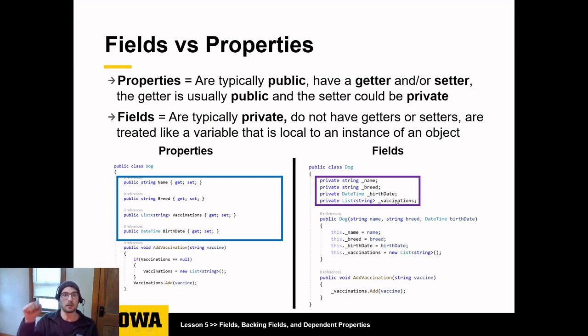Fields, on the other hand, are typically always private, and because the whole thing is private, there's no getter setter syntax attached to them. You can think about this getter setter syntax as a way to denote whether code outside the class can read or modify this property. But since fields are private, code outside the class can never read or modify these pieces of data.